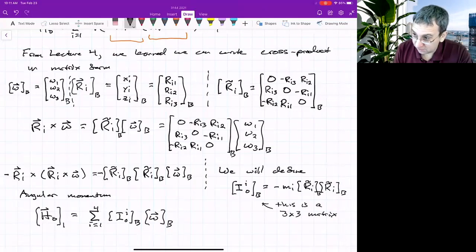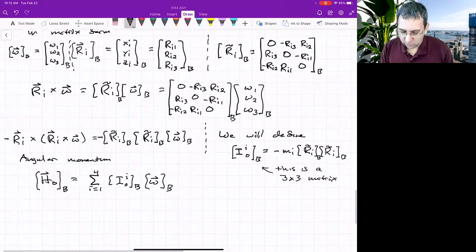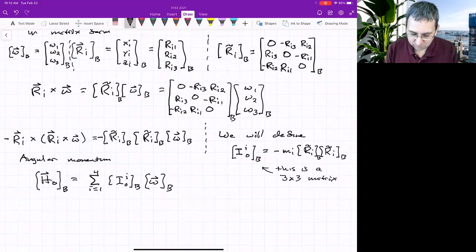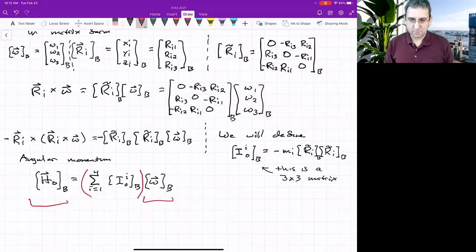The book is sometimes not careful about what frame things are getting written in, but we're writing the angular momentum vector in terms of the B frame. Now, what's the advantage of this? We've got the angular momentum on one side equals something times the angular velocity. This something in the middle is a sum related to where the particles are, and you could calculate it.